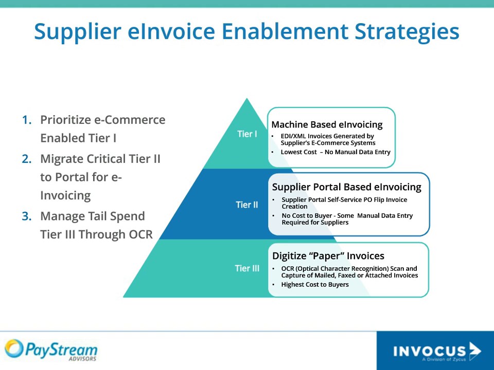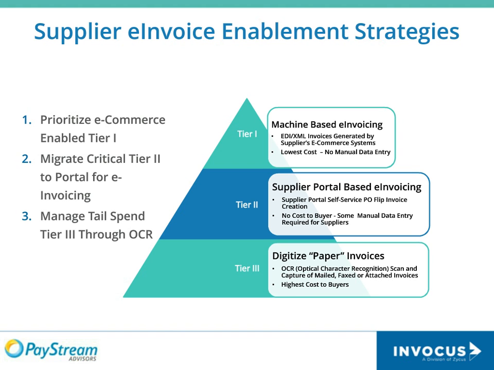The next level is a critical level when you look at Tier 2, because it represents that significant portion of the supply base, a very large number of suppliers, which today are sending paper invoices or email attachments, which might as well be paper because they have to be opened and key punched by the AP group.